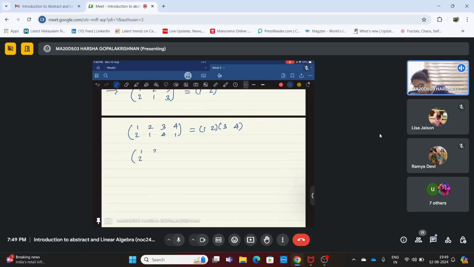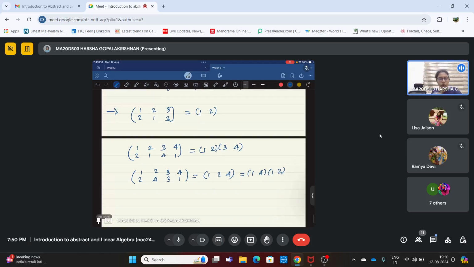Now (1 2 3 4 4 1) and 3 3. So what is this? This is (1 2 4). Okay, again write it as (1 4)(1 2). Here all we are saying is any permutation can be written as the product of some number of transpositions, and depending on the number of transpositions we will say whether it is odd or even.